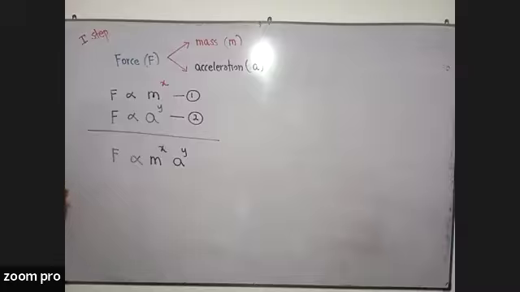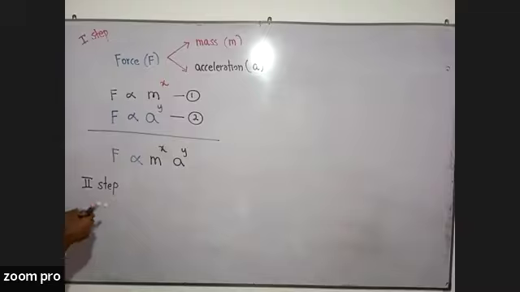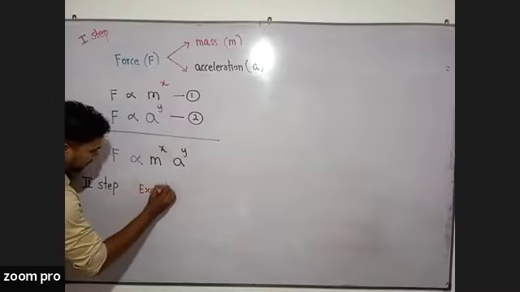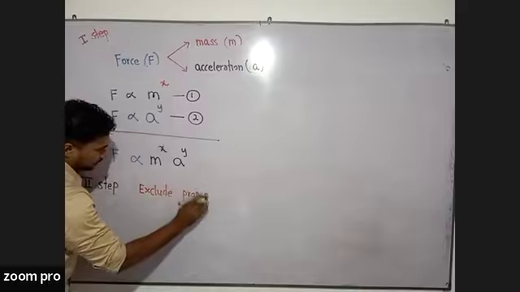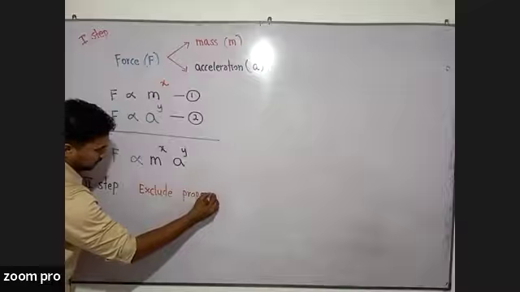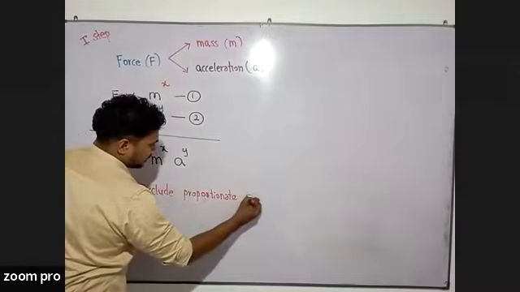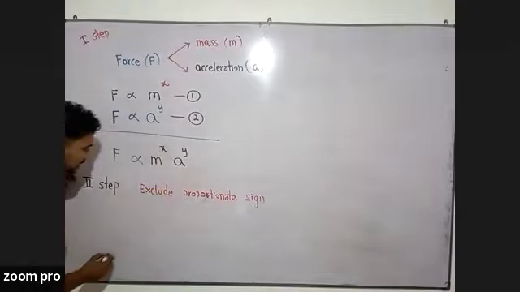Then in the second step, now there's a proportional sign, isn't it? Let's exclude the proportional sign. What is the way that we exclude the proportional sign?